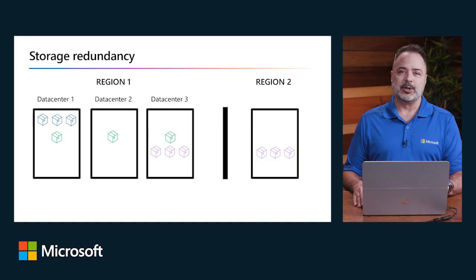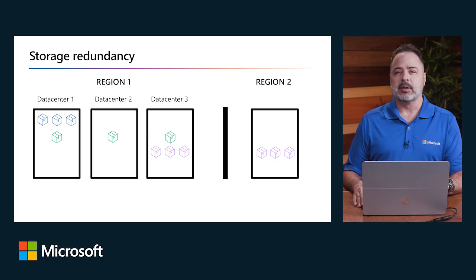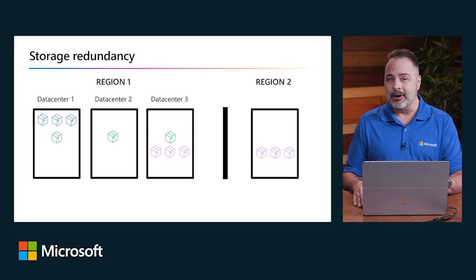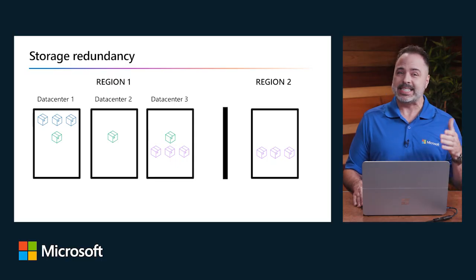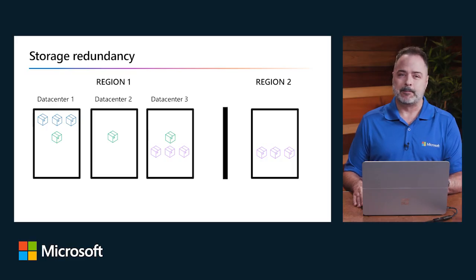This would help protect your data in the event that an entire region should fail, such as from a natural disaster. And remember that this level of redundancy has 16 nines of durability, or 99 point followed by 14 nines. That's the percent for the durability.